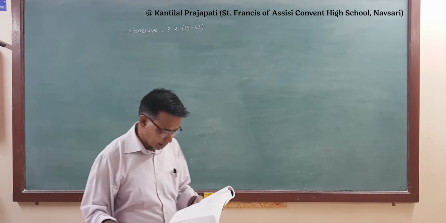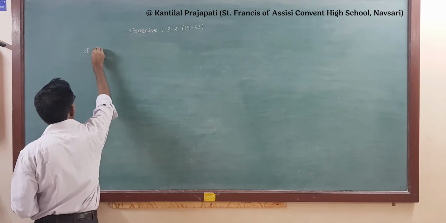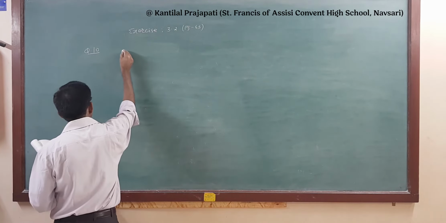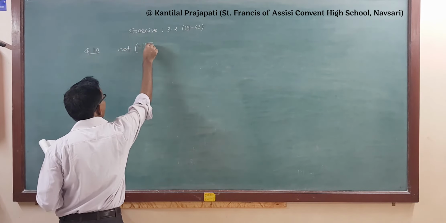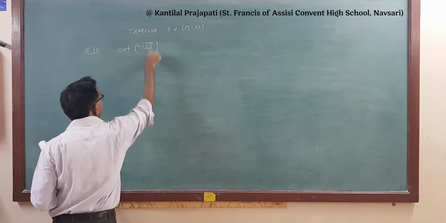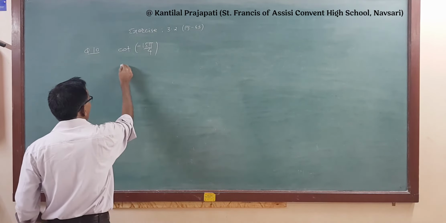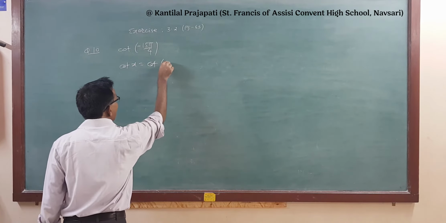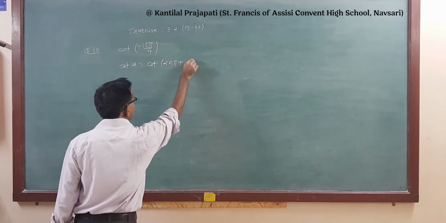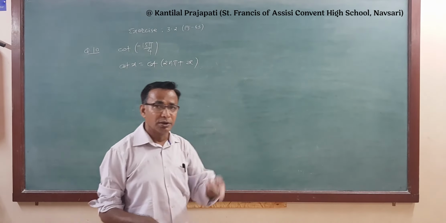Next sum, I have considered example number 10. Find the value of cos of minus 15 pi by 4. Here also we apply the same formula. Cos x is equal to cos of 2n pi plus x. All the values of trigonometric functions repeat after 2 pi.